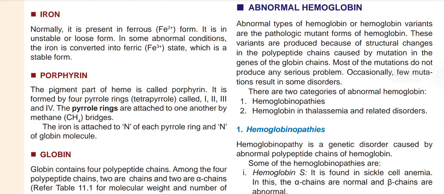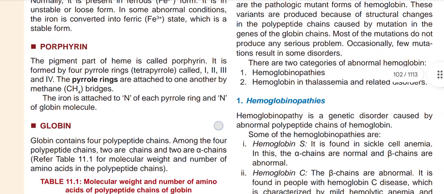Then porphyrin. The pigment part of heme is called porphyrin, and it is formed by 4 pyrrole rings or tetrapyrrole, called 1, 2, 3 and 4. The pyrrole rings are attached to one another by methane or CH bridges, and the iron is attached to the N of each pyrrole ring and the N of the globin molecule.